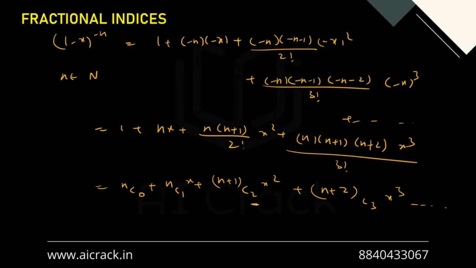If we have x square over here, then we have n + 1 over here. If we have 3 in the power, then we have n + 2 over here, (n + 2)C3. So the general term shows that if they want to ask you the coefficient of x^r, then that would be (n + r - 1)Cr. So this is how you have to take the generalization for only this kind of case, (1 - x)^(-n), where n belongs to natural numbers, right?